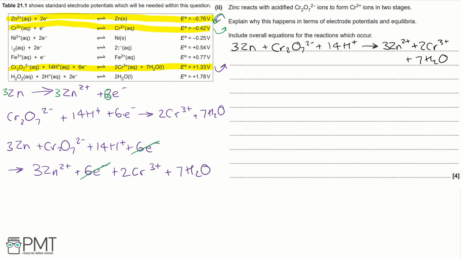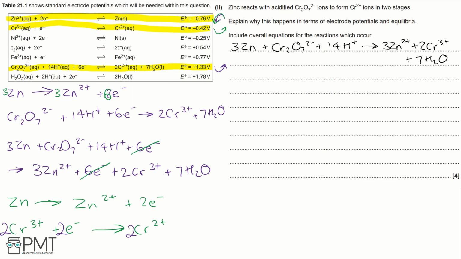So rewriting these two equations, we would have Zn goes to Zn2+ plus 2 electrons, and Cr3+ plus an electron goes to Cr2+. Next, we need to scale the electrons, so that means multiplying the chromium equation by 2. So then we have 2 electrons in both equations.